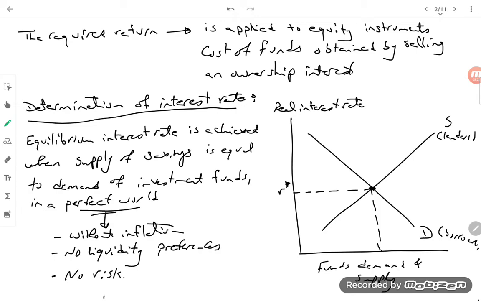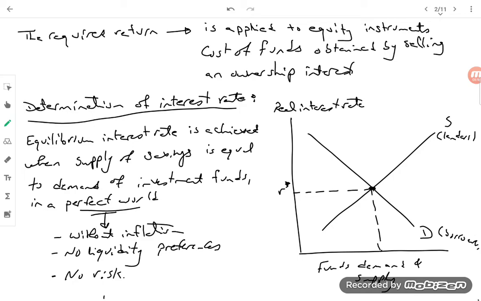This is the perfect world. Actually, if there is any change in the economic conditions or tastes or preferences, economic conditions will affect risk or inflation rate. So the equilibrium point is going to change, and the demand and supply curves are going to shift.